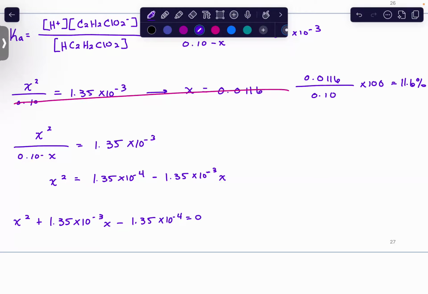All right, our quadratic formula. So everything's going to get plugged into there.